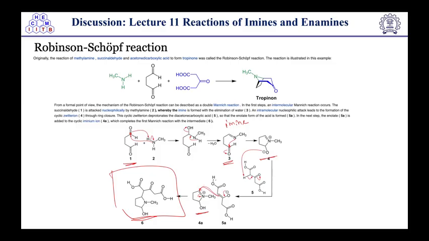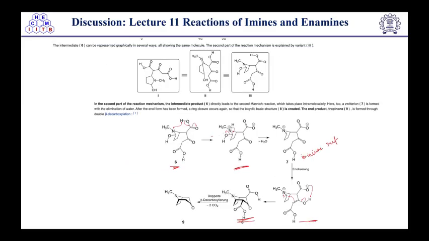This is the first case, and here again the same thing is happening. This double bond is attacking on the iminium ion and we are getting this intermediate. Then CO2 elimination will take place from here and here. So this is a beta decarboxylation, and we'll get our corresponding ketoamine product.